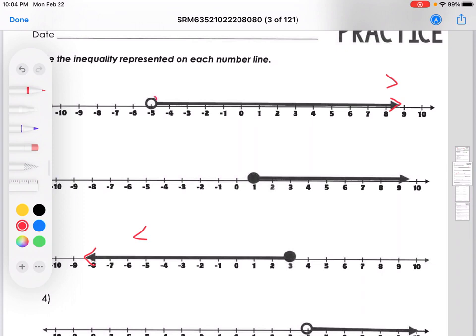If my circle is open, that means that specific point would not be included in a possible solution, so it would just be greater than. Whereas if the circle is closed, which means filled in, then that specific point is also a solution that would make the inequality true. So for that, I would need the "or equal to."